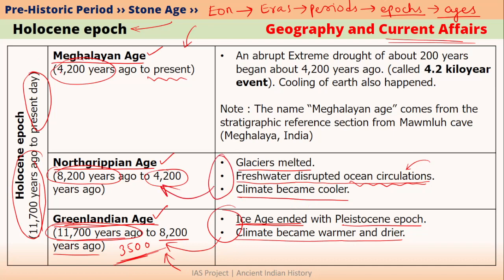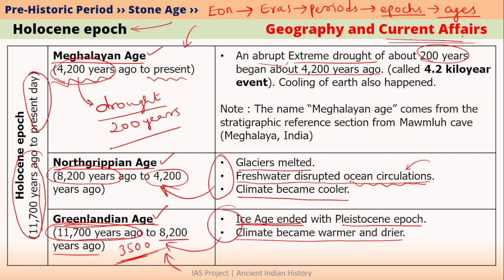In Meghalayan Age, which started around 4200 years ago, there was an abrupt and extreme drought of about 200 years, which began with the start of Meghalayan Age. So Meghalayan Age started itself with a drought, and this drought was very severe and it lasted almost for 200 years.